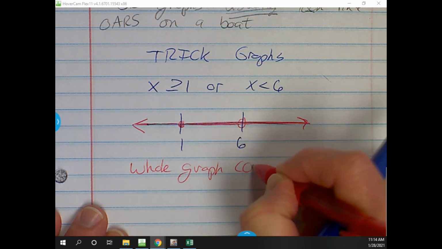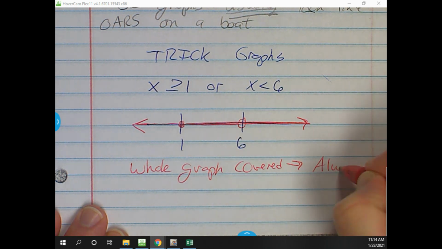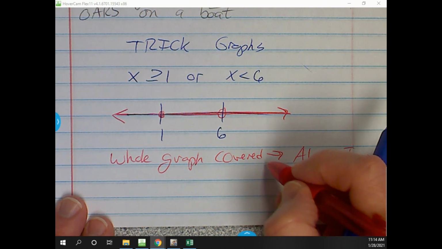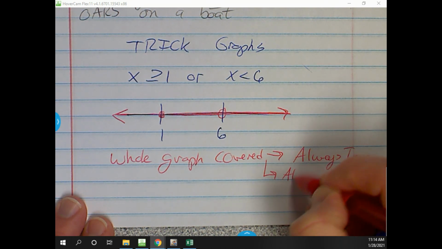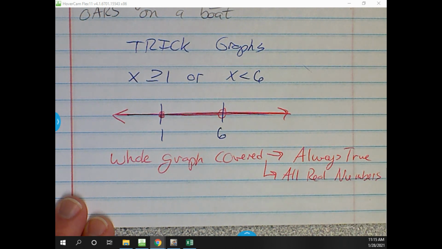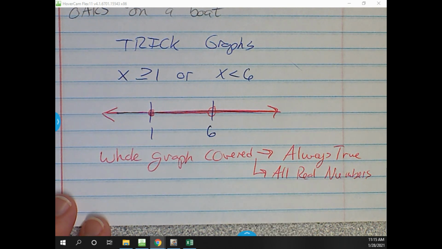So if the whole graph is covered in an or statement, the answer is always true. Or sometimes instead of saying always true, they may say that this has all real numbers. And if you think about it, it'll fit no matter what you do.